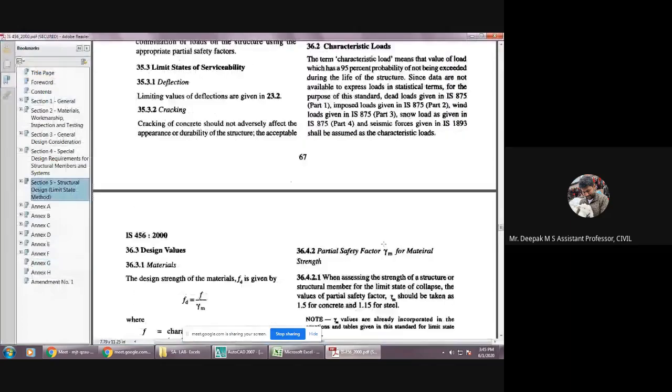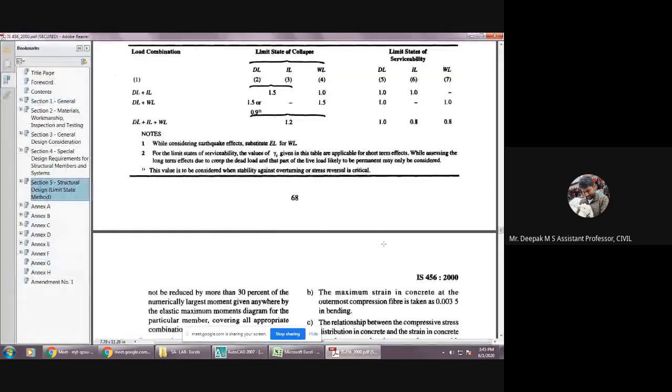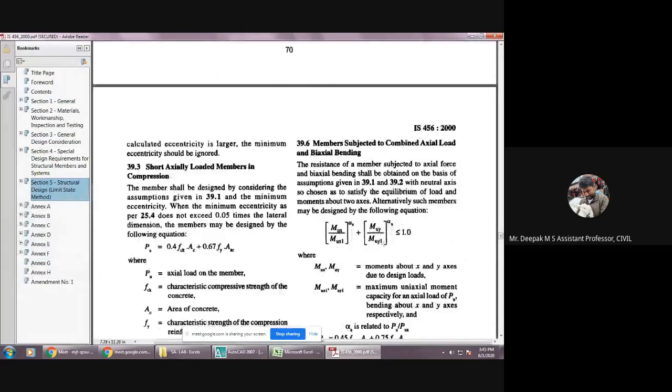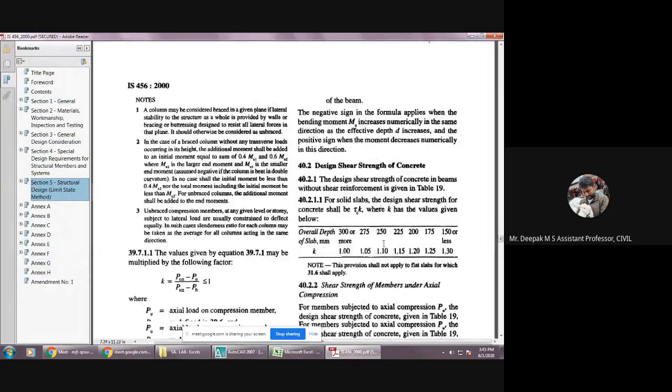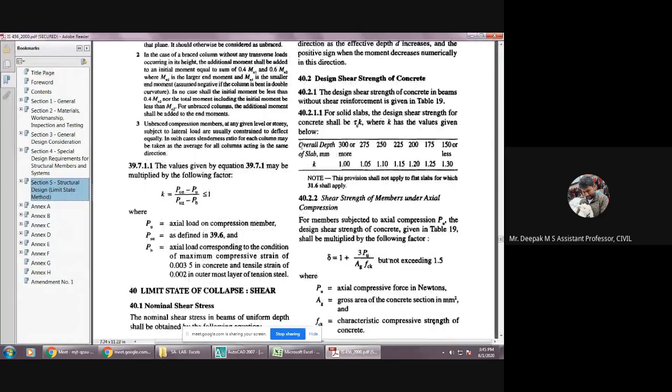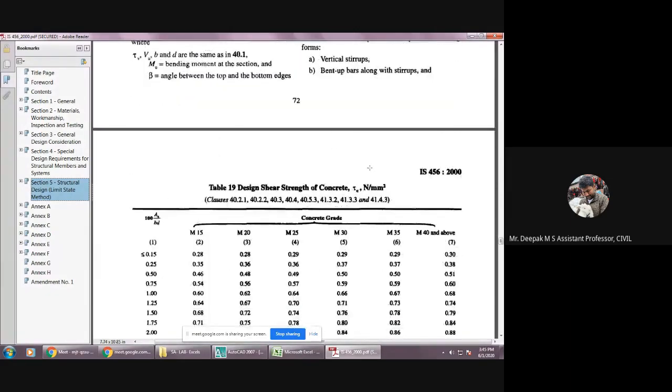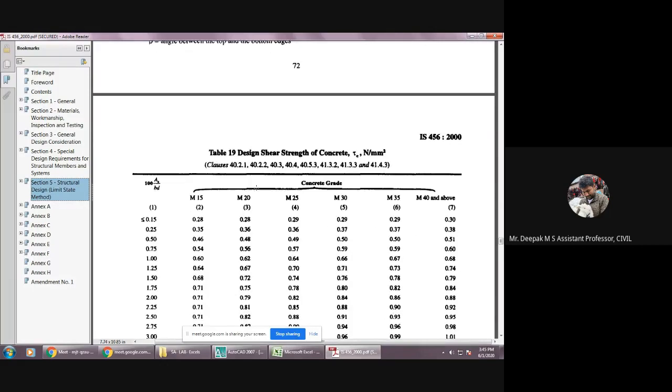When we go to serviceability limit, you can find the shear strength of slab. And what is this k factor, shear strength of the slab? We have to multiply with the tau c, and that limitation can be obtained, design shear strength can be obtained using table 19.